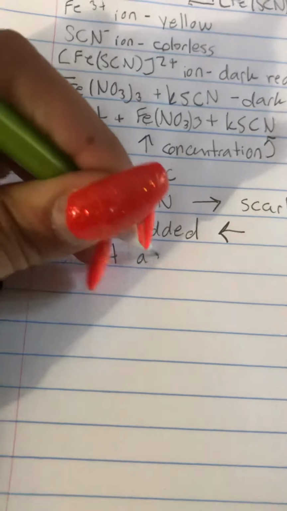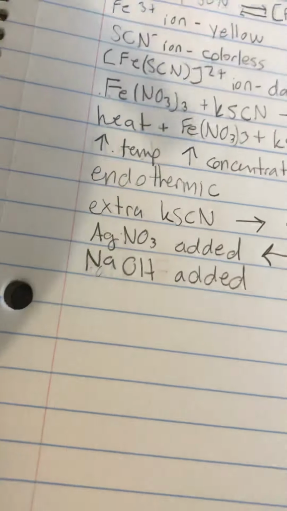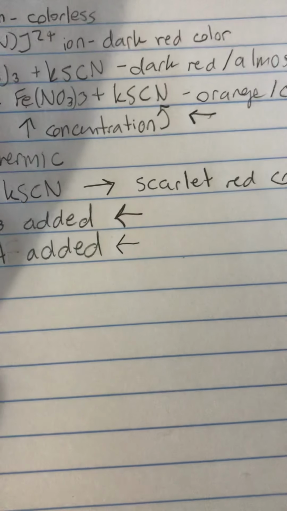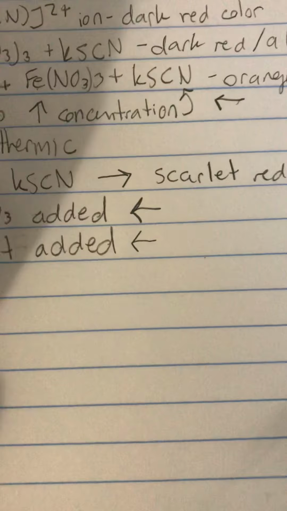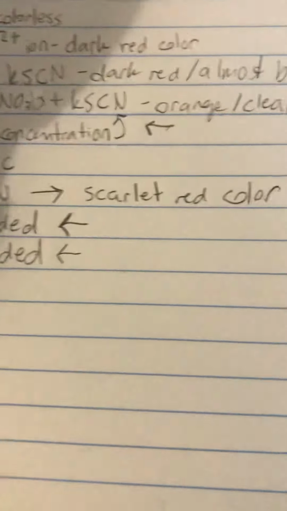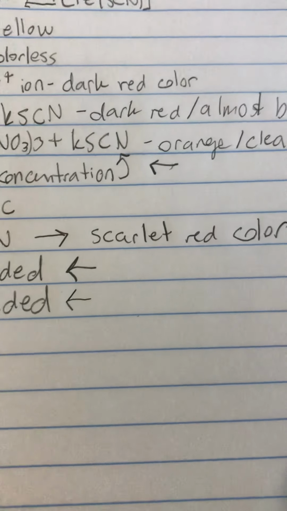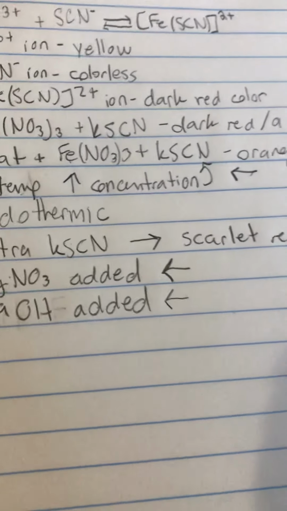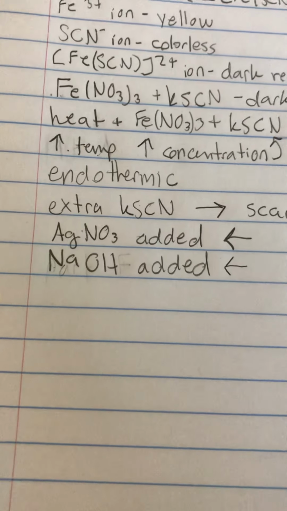When NaOH was added to the solution, the reaction shifted to the left as well, because the product became favored to restore the Fe3+ ion that was reacted. So that completes the questions for E.